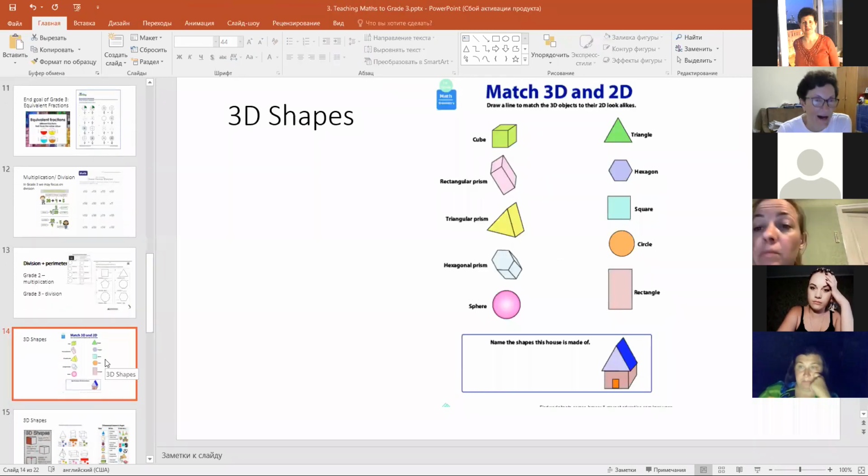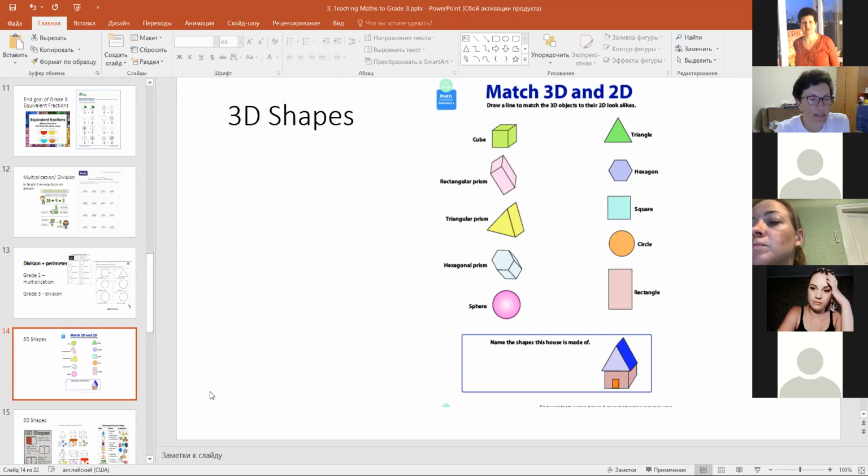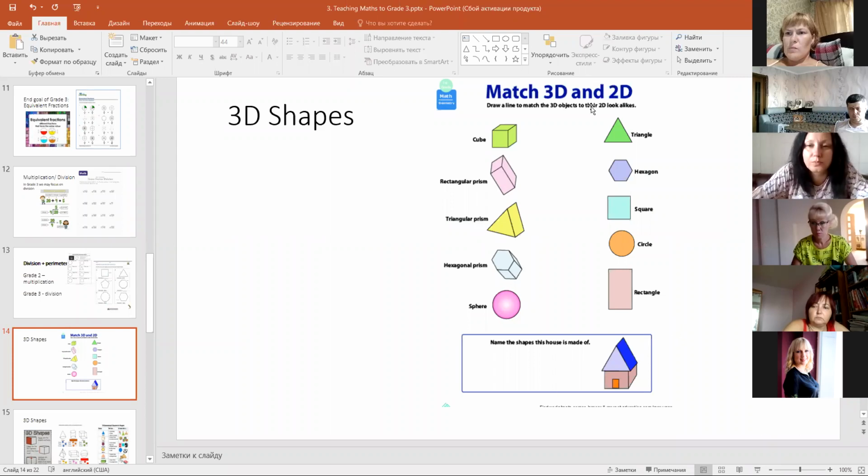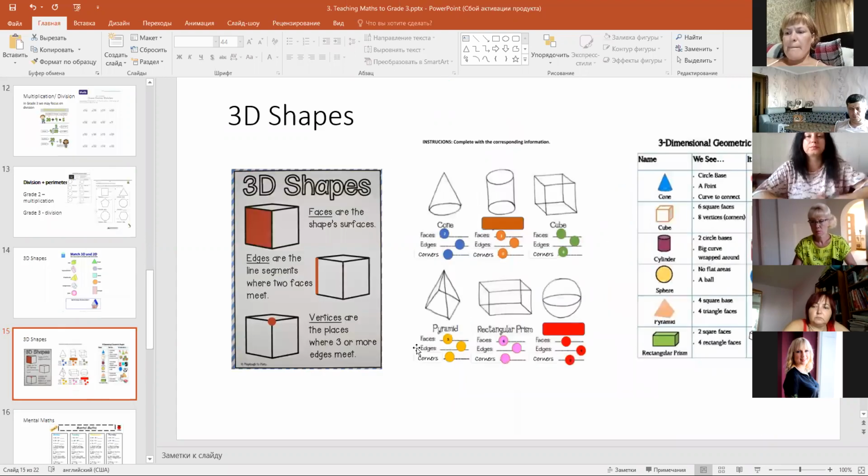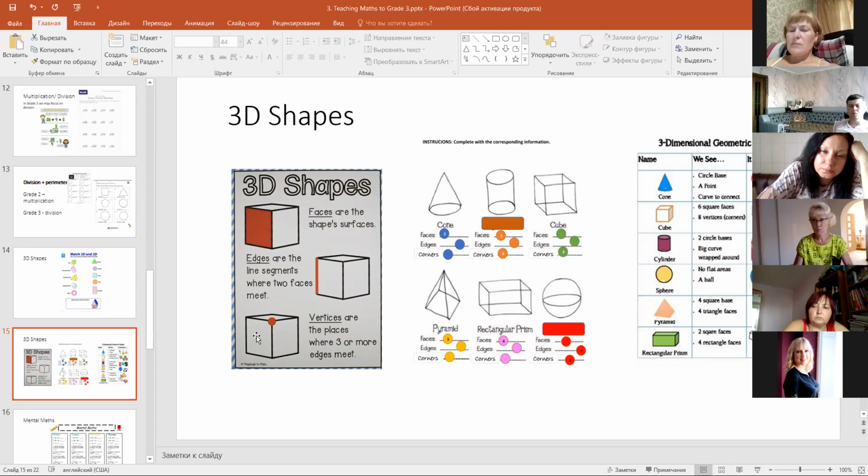And the final topic here in the 3rd grade will be 3D shapes. I still don't know how to fit the 3D shapes into the vocabulary, because they are easy compared to 2D shapes. But when we talk about 3D shapes, we talk about the vocabulary of faces, the surfaces, the edges, and the vertices.